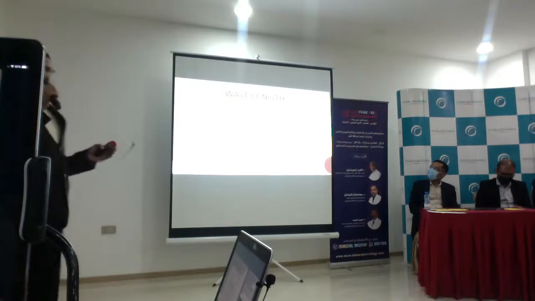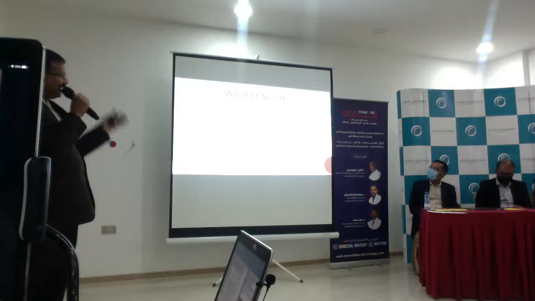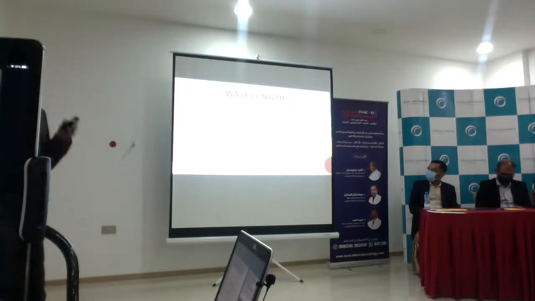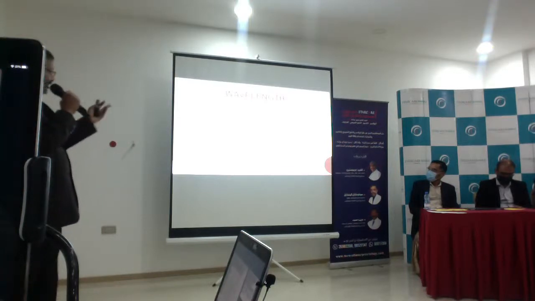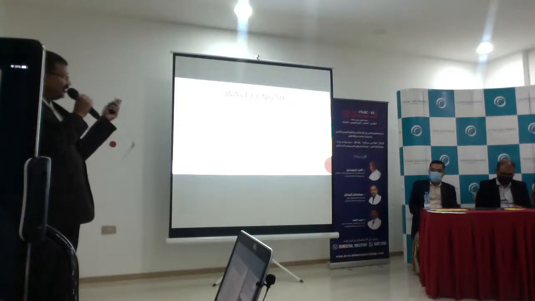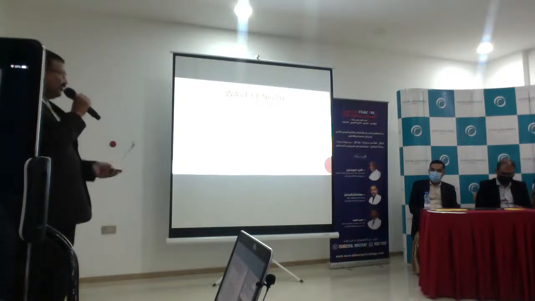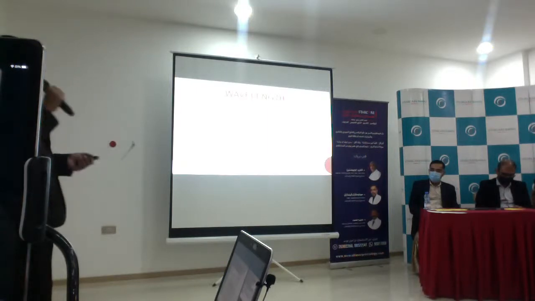A particular wavelength is absorbed maximally in a particular body fluid or tissue. The green line indicates the absorption of laser by hemoglobin, and the blue line indicates that of water.